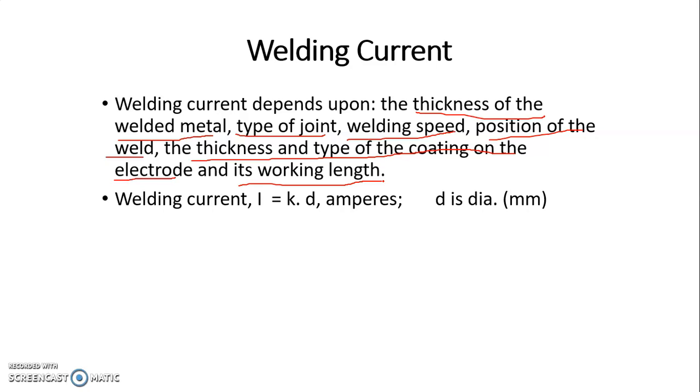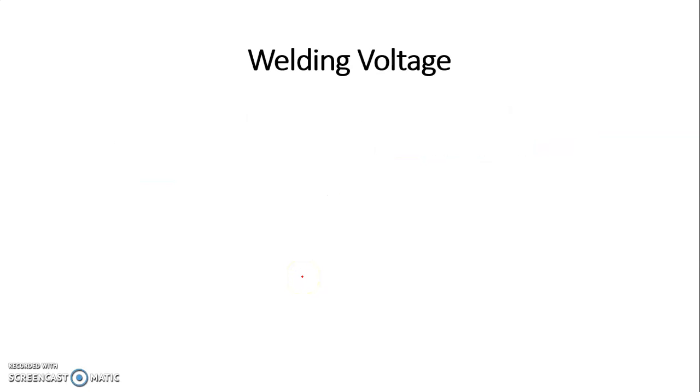But from the practical point of view, the welding current depends upon the diameter of the electrode: I is equal to K into D, where K is a constant.